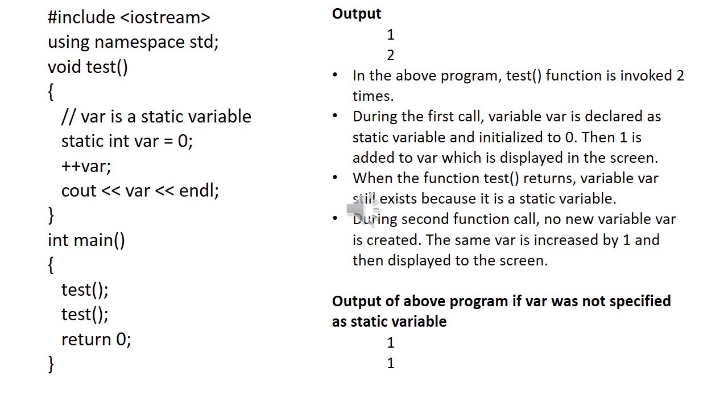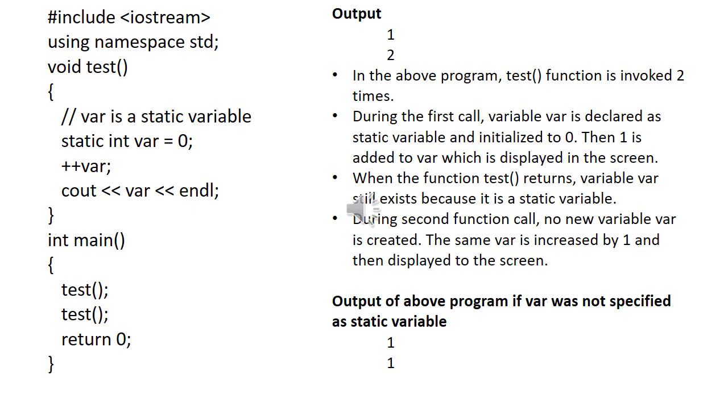And inside main function, I have called testof function two times. During the first call, variable var is declared as static variable and initialized to 0. Then 1 is added to var and the result is displayed. So we will get output 1.